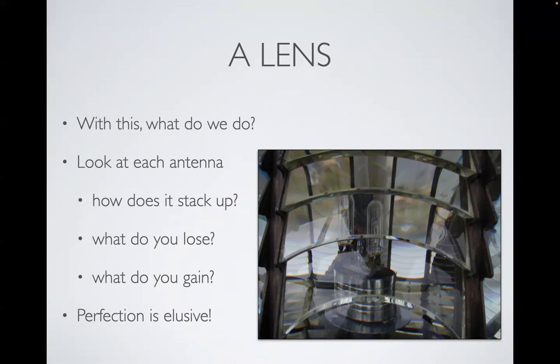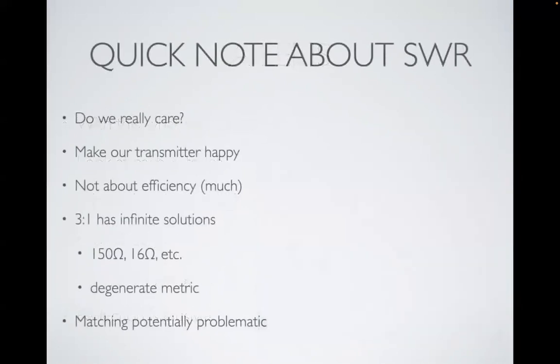You're going to make a compromise. It's a question of which compromise and how. Some people have optimized very highly, and they're usually in a perfect location, maybe on a hillside or something like that, going in the direction that they want. But the perfect antenna is just not there, so don't bother looking for it. Although, tweak till you get it as close as you want, but don't stress over it.